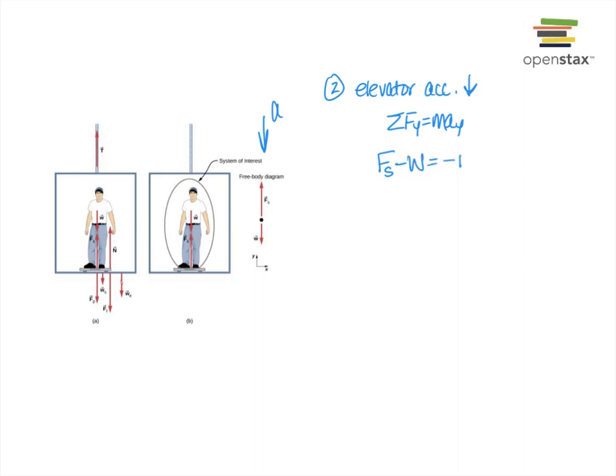But what changes is the right-hand side, because the elevator is accelerating downward, we have to give it a negative sign. Now when we solve for the force the scale exerts, we see that it's actually less than the weight. So he appears to weigh less.